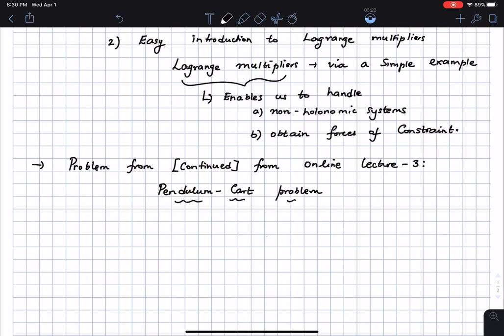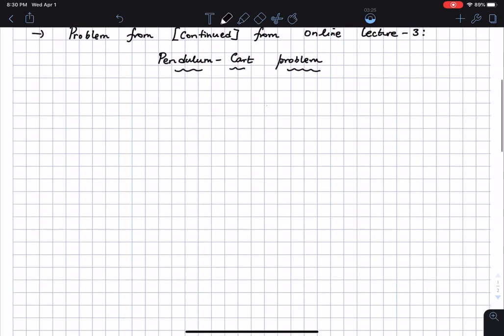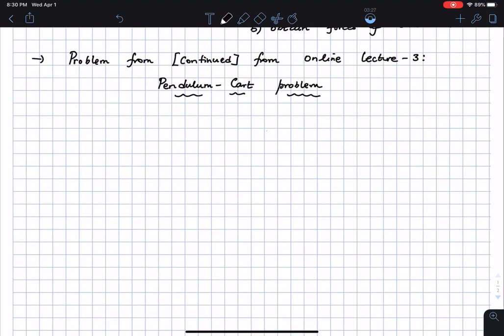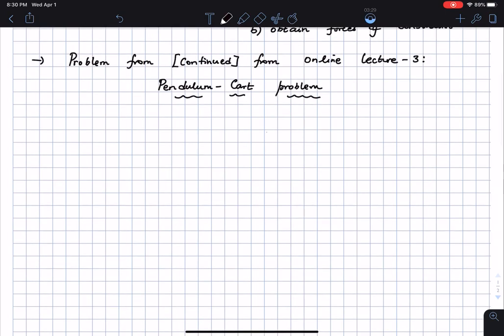I'll draw the figure for this problem in a minute, but I just want to list some of the things that we wanted to obtain in this problem.